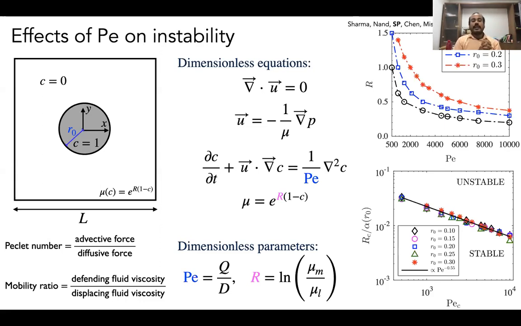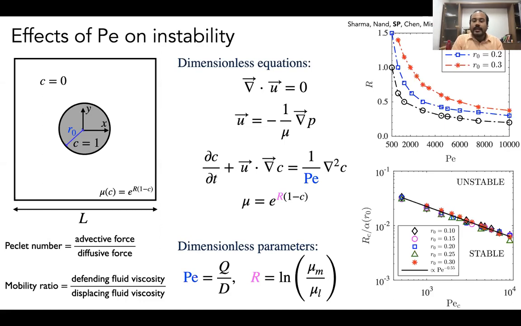Because, as we said at the very beginning, in radial flow the velocity decays with position as 1 over r. So if I start with a very big circle that is initially displacing the fluid, the advection speed at the interface is already smaller for the larger R0 compared to the smaller R0. So the advective force becomes weaker, and since the advective force becomes weaker, the instability reduces. That's the basic understanding.